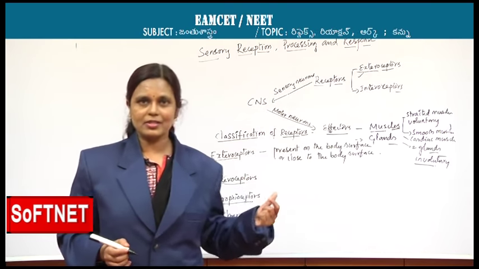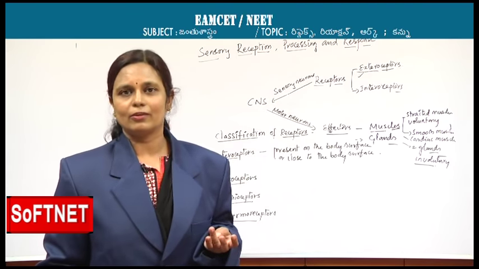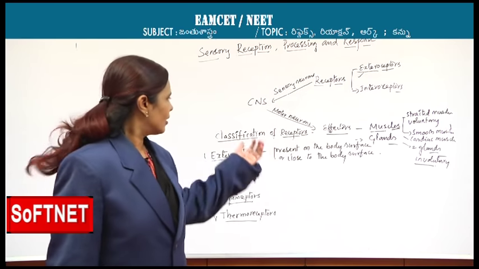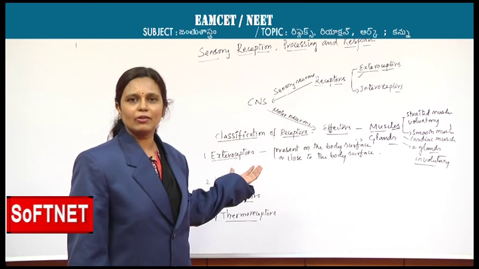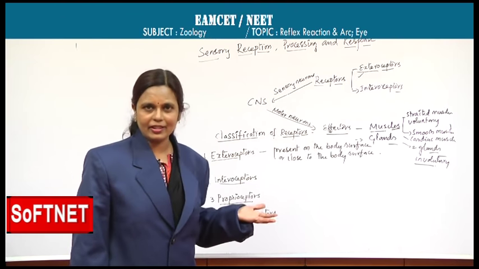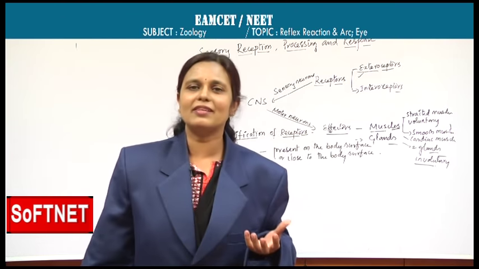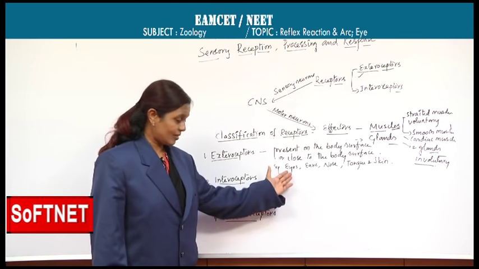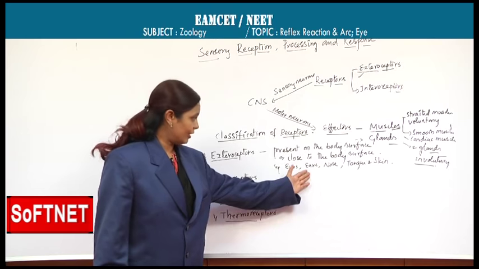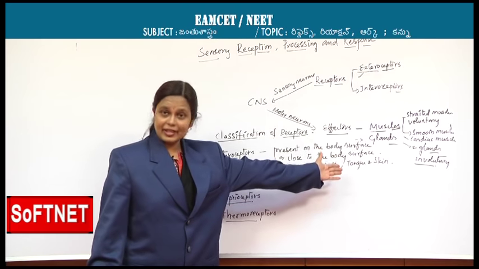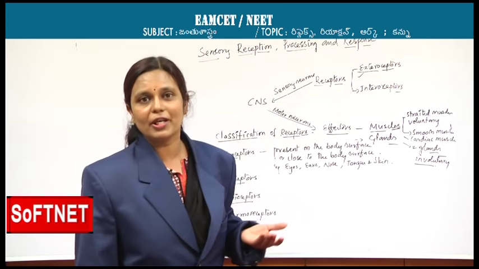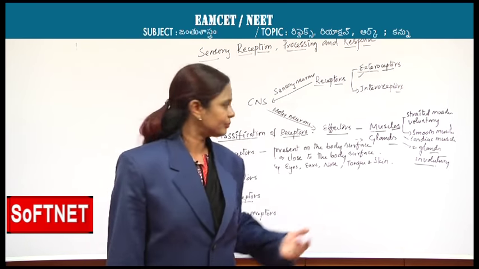We take the examples: eyes, nose, ears, tongue and skin come under exteroceptors. You already studied them as the five special sense organs. That means they are specialized in sight, hearing, smell, taste and touch. Skin is for touch, pain, pressure perception, etc.